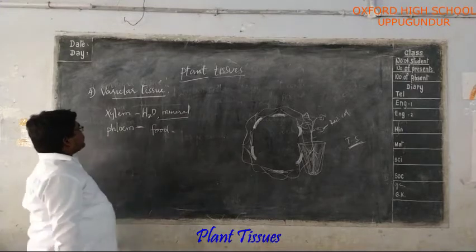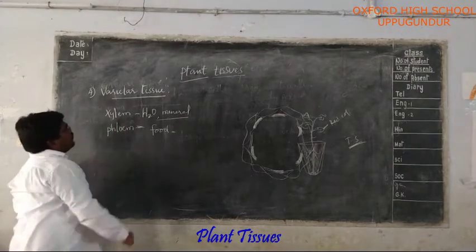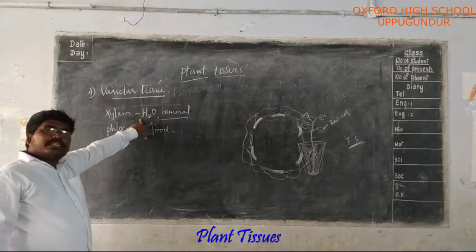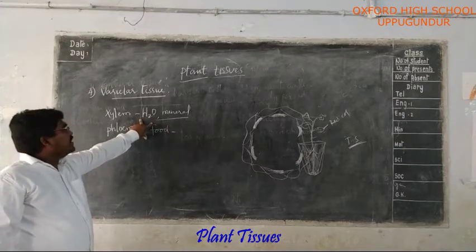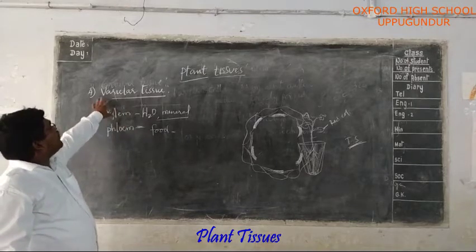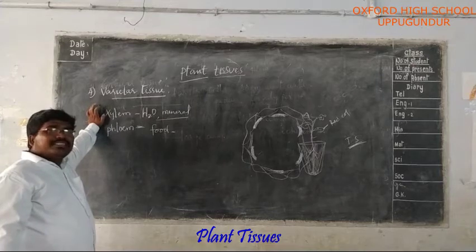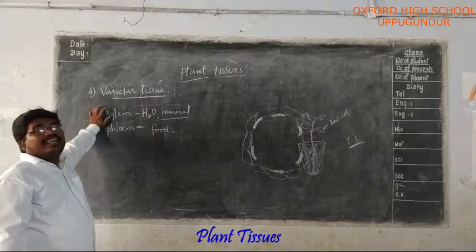So the phloem is responsible for transportation of food, and xylem is responsible for water and mineral transportation in the plant body. You understand? The xylem and phloem tissues both are known as vascular tissues or vascular bundles. Together, the xylem and phloem form the vascular bundle.